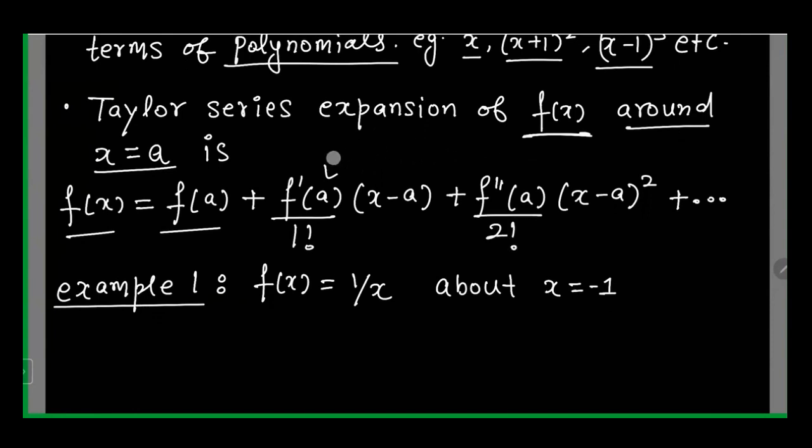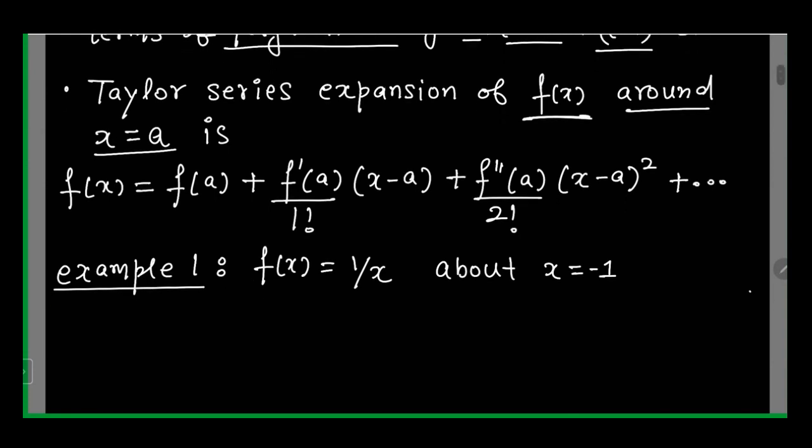What does f double dash a mean? Differentiate your function 2 times and then put x equals a. Multiply by (x minus a) square, and so on. This series will keep on going. So this is the definition of Taylor series around the point x equals a.